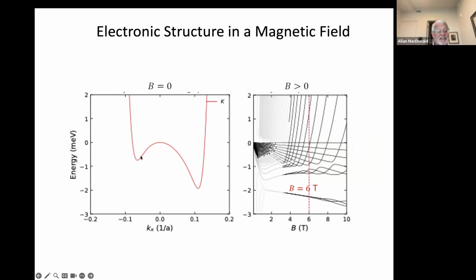And just as the energy depends on k, not only through the k to the n coupling between the low energy sites, but from the on-site energies at zero field, in a magnetic field the energy of the states depends on Landau level index.